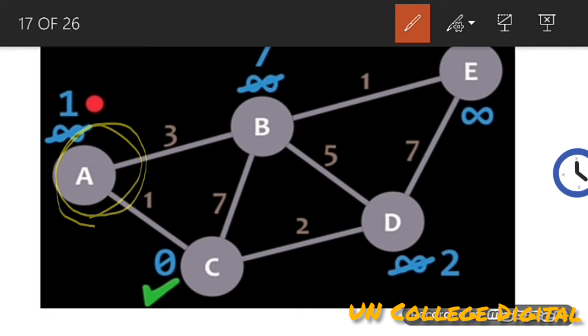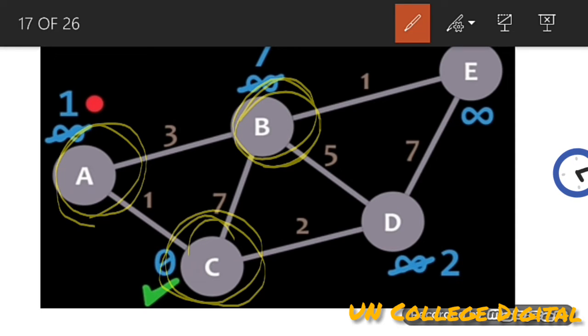Now we are at A, and similarly we will check all the adjacent vertices. The adjacent vertices of A are AB and AC, and as C is already visited, it will be discarded.